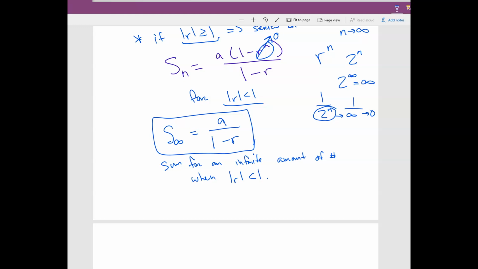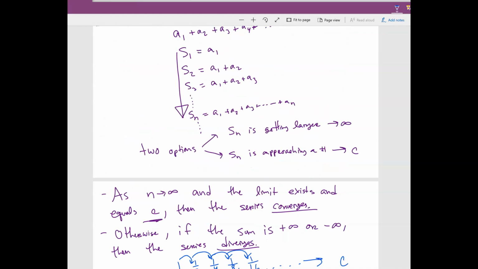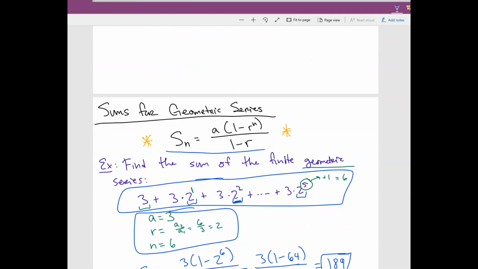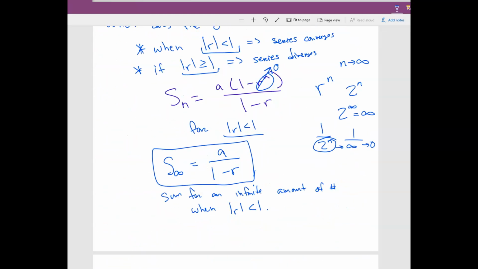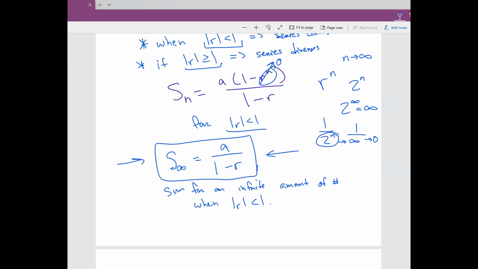Okay, so if I have a geometric series, I can find the sum for any finite number of terms with the formula I have here. However, if I have an infinite number of terms, then this is going to be the formula. The only requirement is that we need r to be less than 1. Okay, so in the next video, we're going to do a couple of problems.